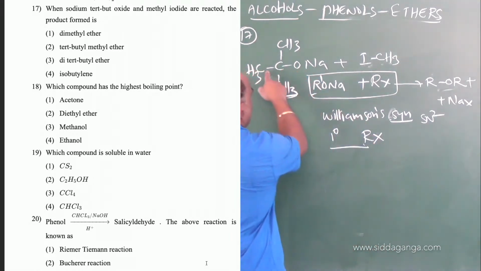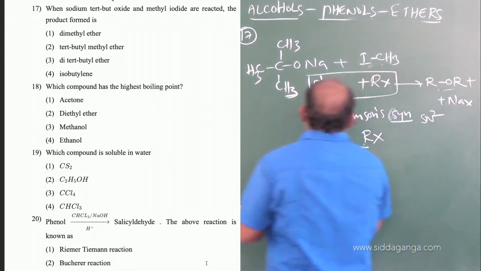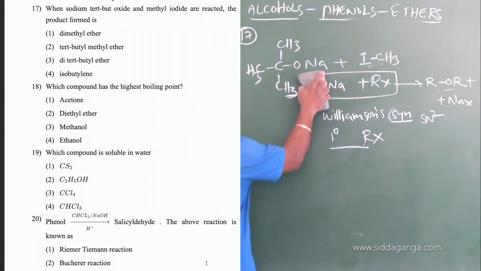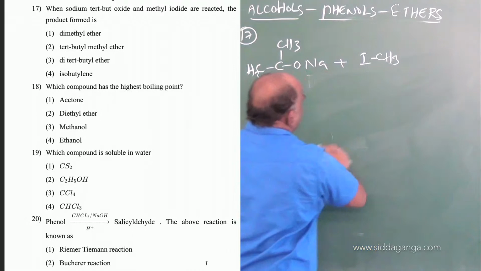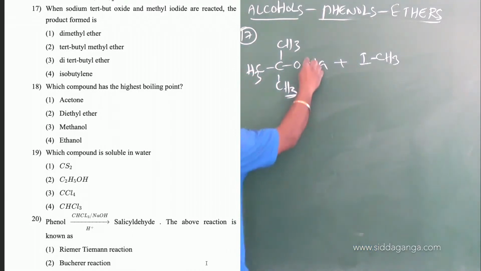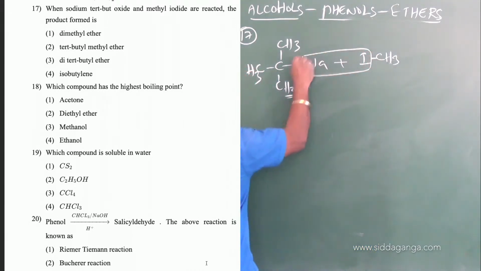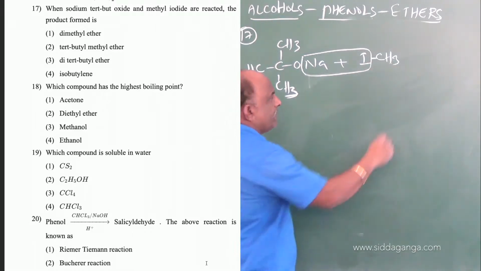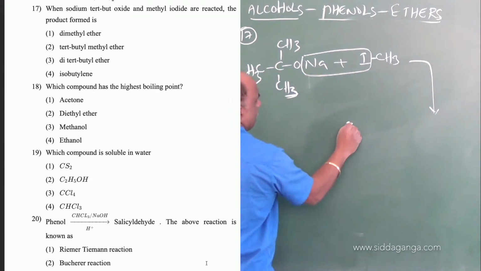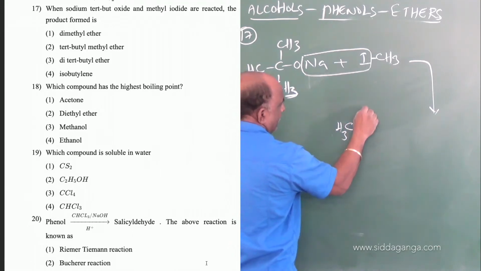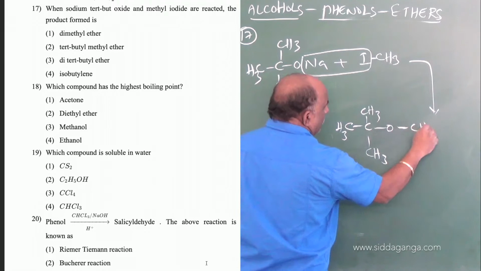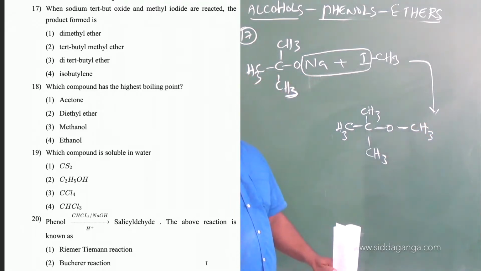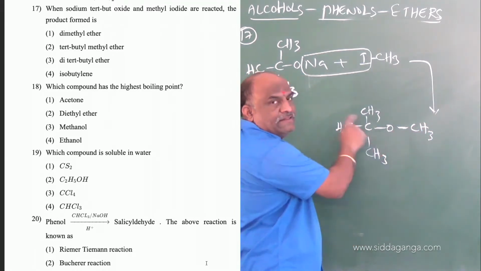Removing NaI, sodium iodide, gives CH3 single bond O single bond C(CH3)3. This is tertiary butyl methyl ether.